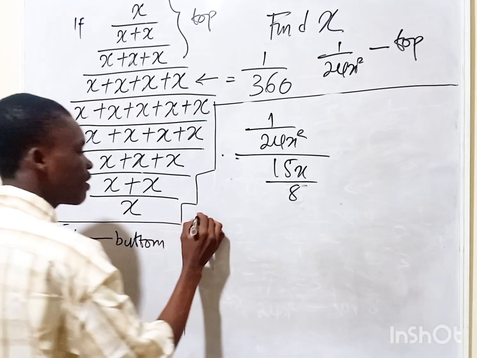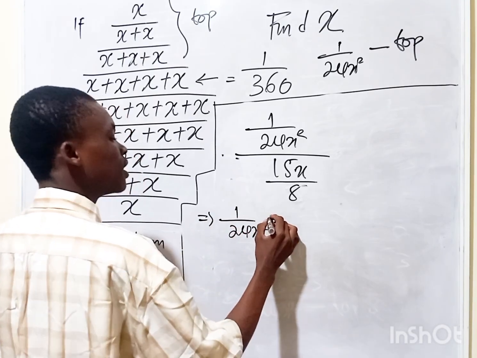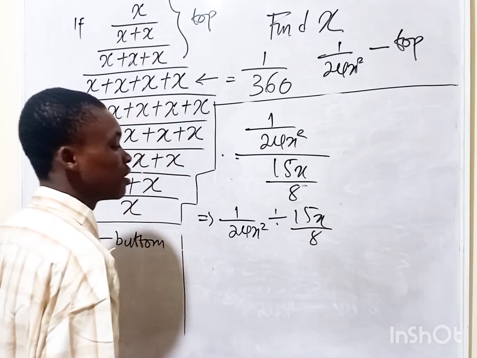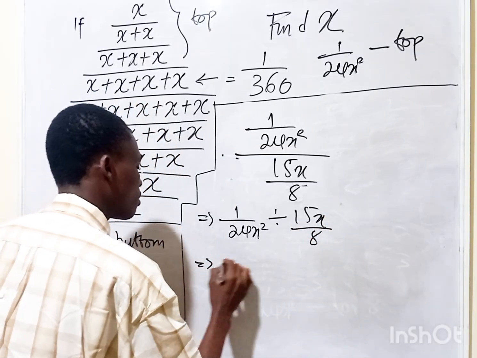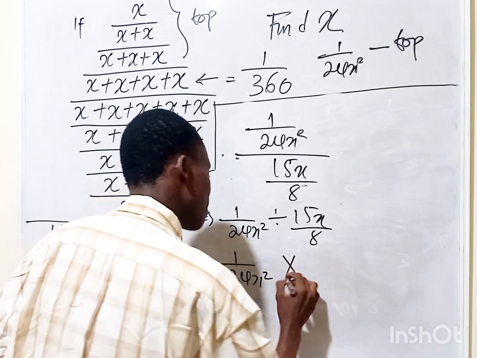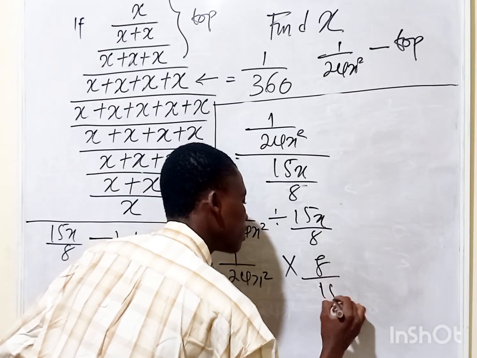So to work on this, 1 all over 24x squared divided by 15x all over 8. So from here, this is 1 all over 24x squared times the interchange, 8 all over 15x.